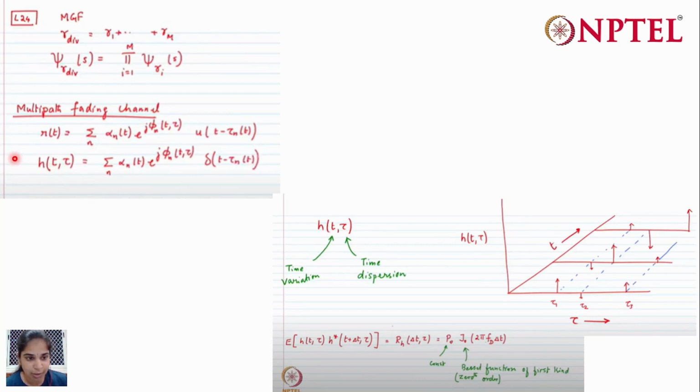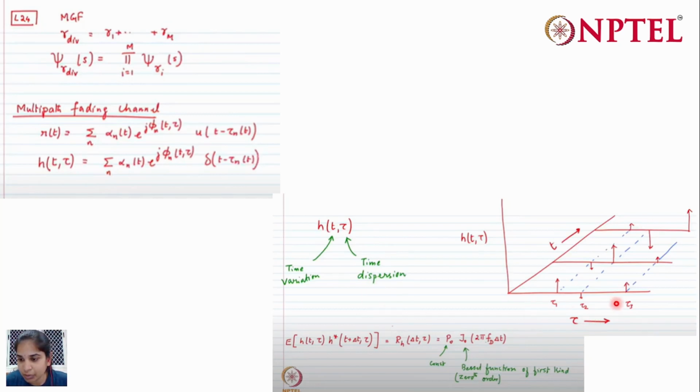Here h captures the impact of the channel, and we could see that it is actually in two dimensions. One represents the time variation and the other represents the time dispersion. So h of t comma tau means t represents the time instants t1, t2, t3, etc. So it's time variation, and at each time, how much dispersion is happening is captured in tau, the time dispersion.